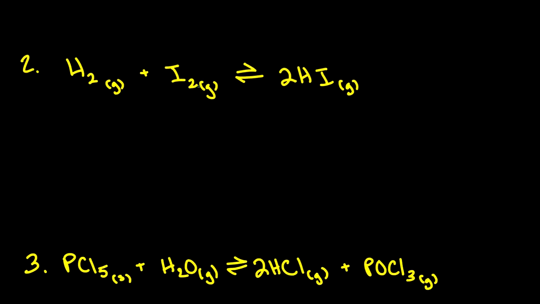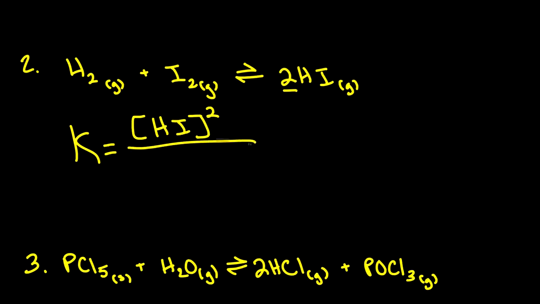Let's do another one. Got H2 plus I2 yields 2HI. All of them are gases. Our equation is balanced. K equals products over reactants. My first product is HI, so the concentration of HI, it is raised to a power, so I need a number, and that number is 2, over reactants. My first reactant is H2.